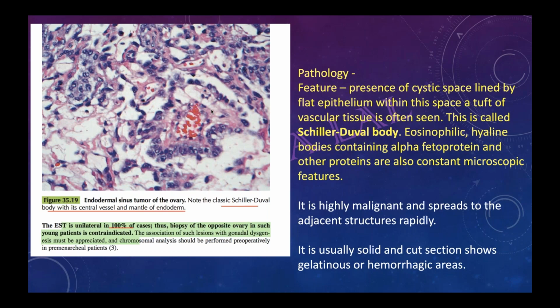It is a highly malignant tumor. It spreads to adjacent structures rapidly. But the good thing is that in almost 100% of cases it is unilateral, so no need to touch the other ovary in endodermal sinus tumor.